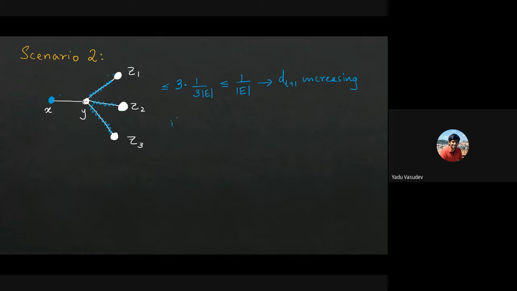So if you choose xy, then every transition reduces dt plus 1 by 1, right?